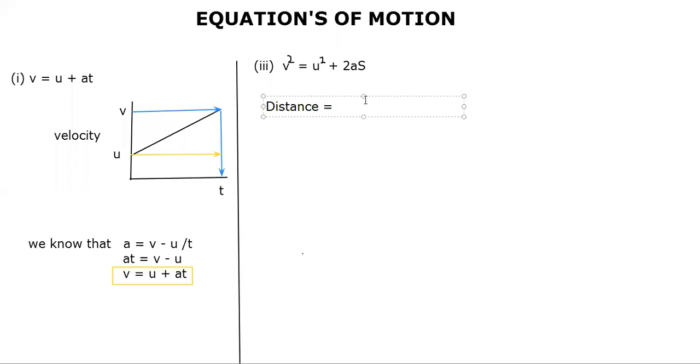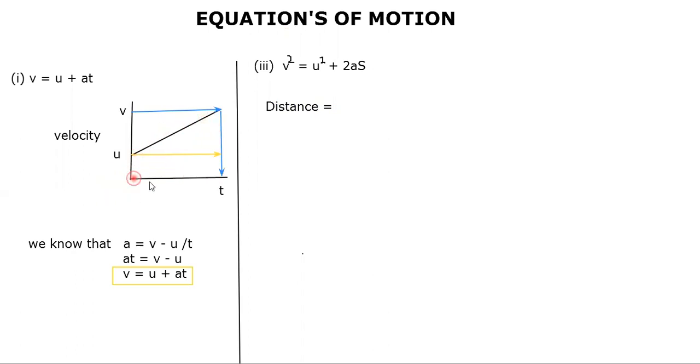Now to prove the third equation, that is v square equal to u square plus 2as, we will be using the same formula, distance. Distance is the area of the figure that you can see. Also, in the last step, we did area of triangle plus area of rectangle. If you see, it is also a trapezium.